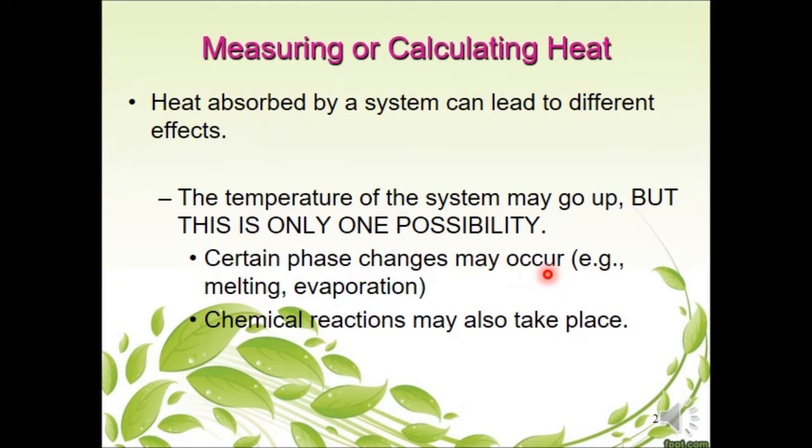For example, if you have solid ice and that ice absorbs heat from its surroundings, it will change phase from solid ice to liquid water due to melting. Another possibility is that a chemical reaction may also take place.